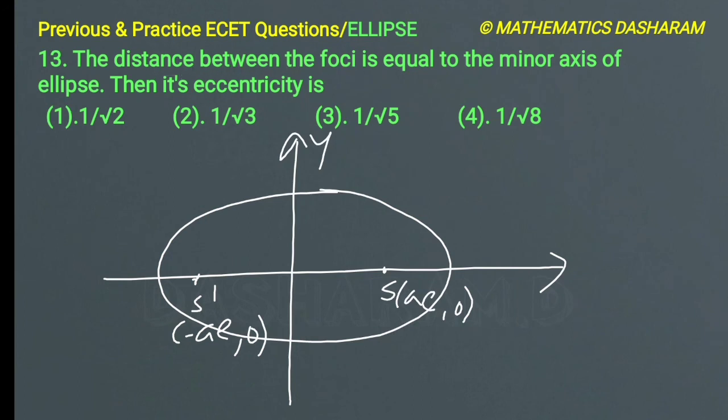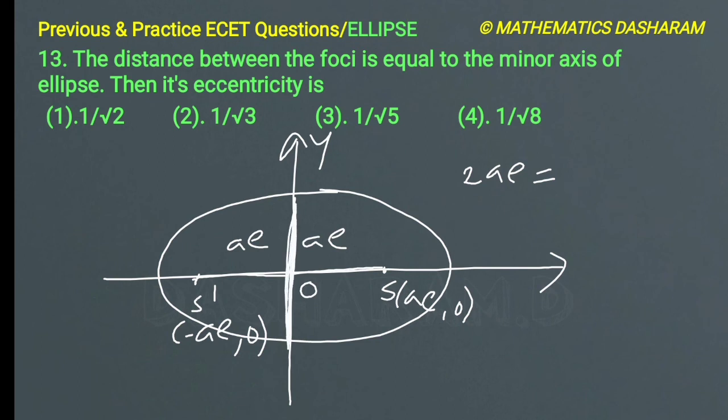Distance between the foci means, here is the center, from here to here the distance is ae, from here to here distance is ae. Then overall 2ae is the distance between the foci, which is equal to the minor axis. This is called the minor axis.